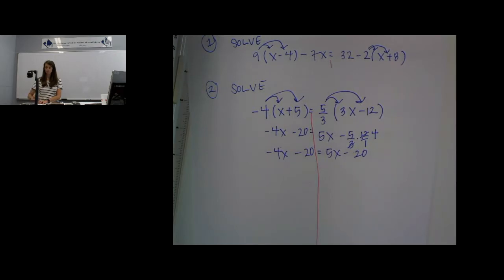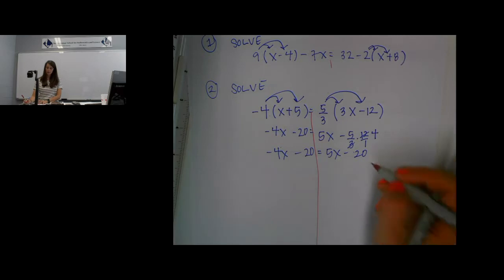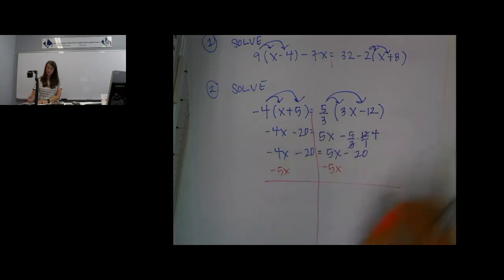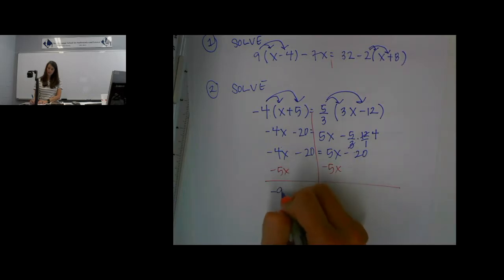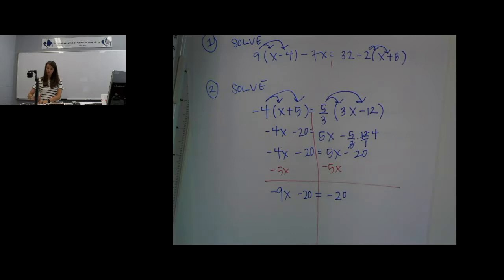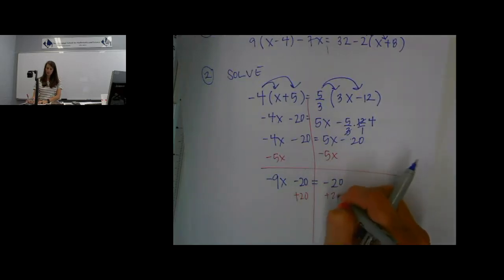So now you've got this going on. Okay. Alright, so now I need to combine like terms on opposite sides. So I am going to subtract 5x here. So when I do that, I'm going to have negative 9x minus 20 is equal to negative 20. Combine your constants, so you're going to add 20 to both sides.